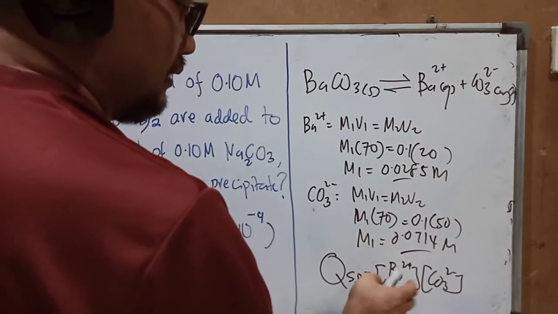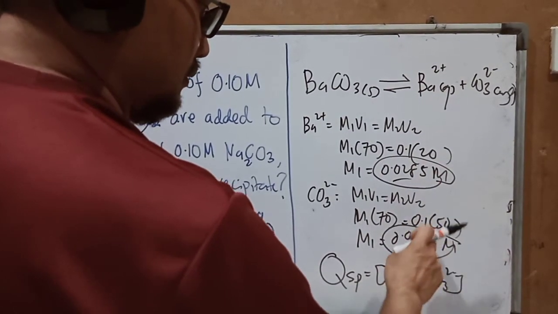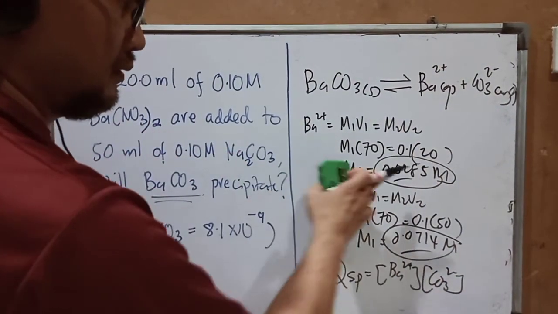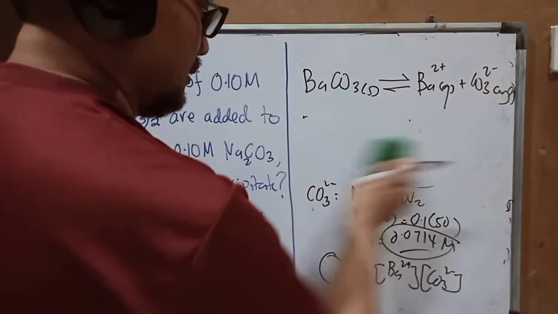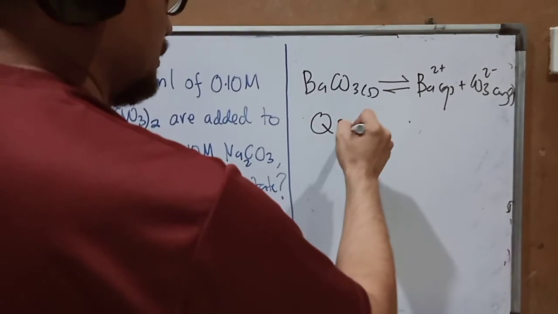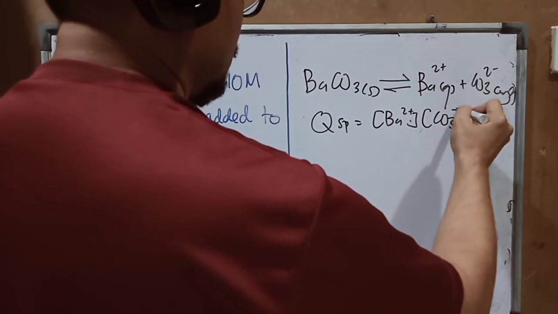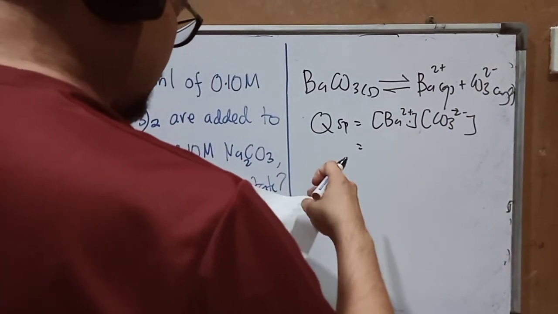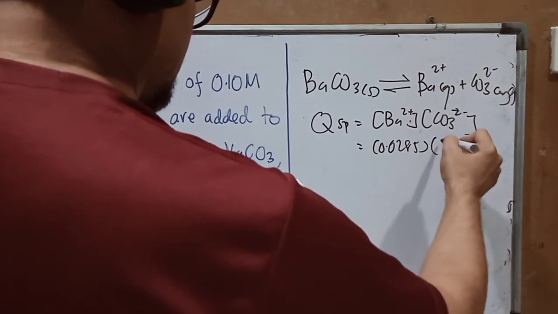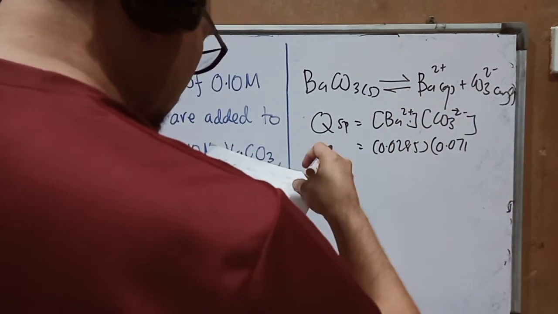We use this formula and substitute these concentrations into this equation. So Qsp equals concentration of Ba2+ times CO3 2-, and Ba2+ is 0.0285, and carbonate ion is 0.0714.